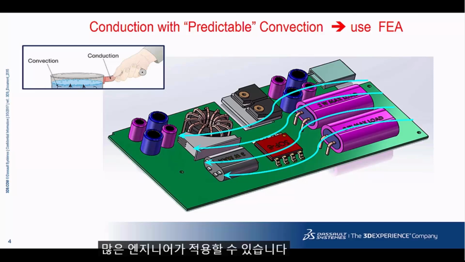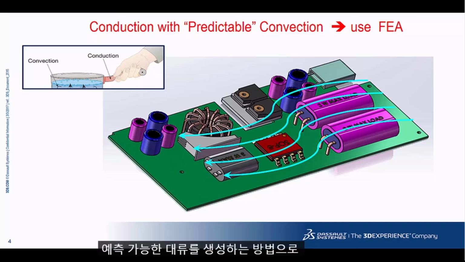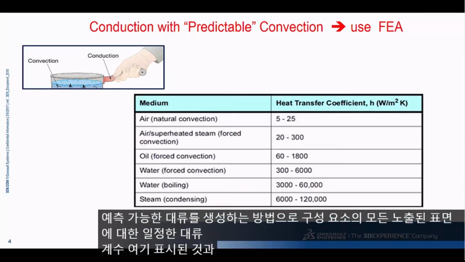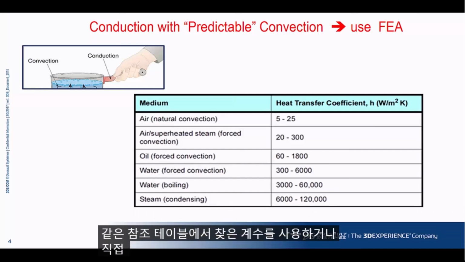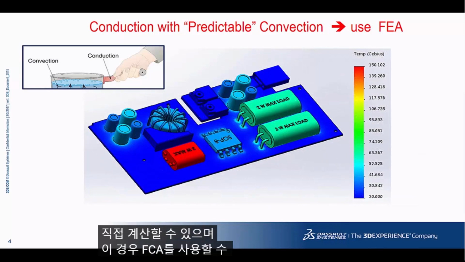Many engineers would apply a constant convection coefficient to all the exposed surfaces of the component as a method to create predictable convection. You can use coefficients found in reference tables, such as the one shown here, or calculate one by hand. As we said, in this case, you can use FEA.